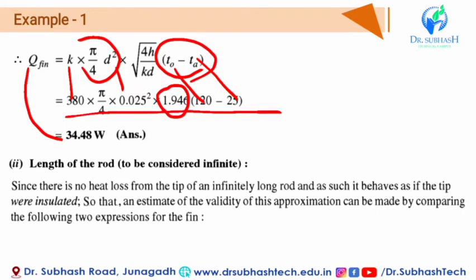Now we want to find out the length of the rod to be considered infinite. That second part is very important. Since there is no heat loss from the tip of an infinitely long rod, it behaves as if the tip were insulated. An estimate of the validity of this approximation can be made by comparing the following two expressions for the fin.